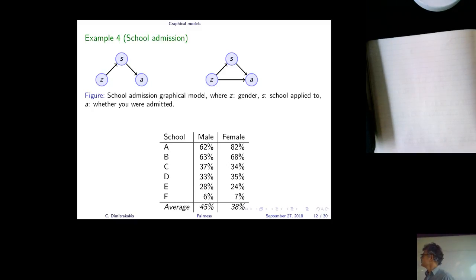So, for example, if I start with this model here, these two variables are binary, and this one is not, because you have 6 different schools. Now the question is, what kind of distribution can we use to represent this graph? If you know exactly the parameters of these distributions, then this is binary, so we know a very simple model for binary variables.